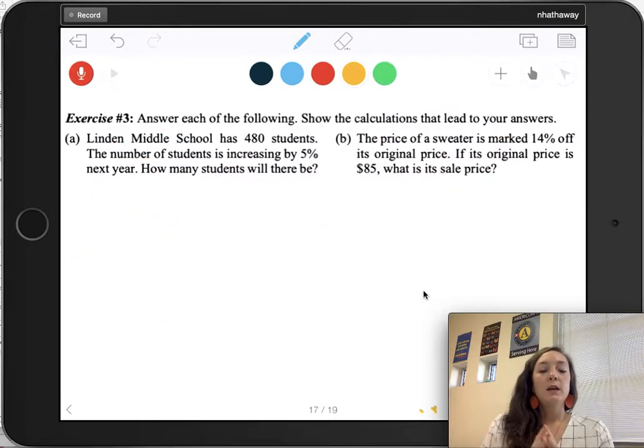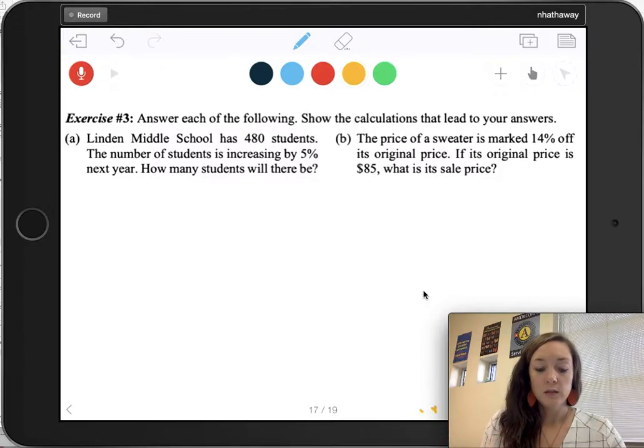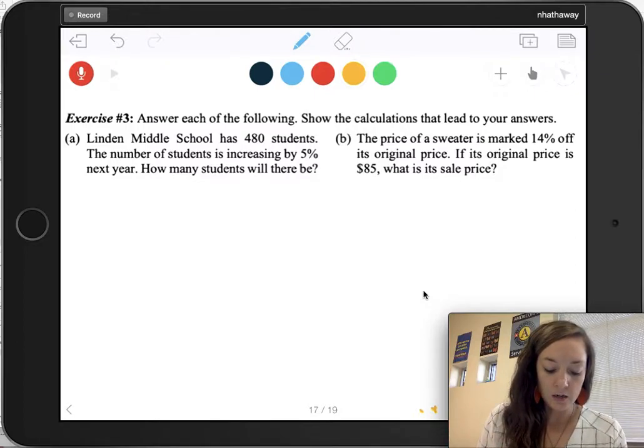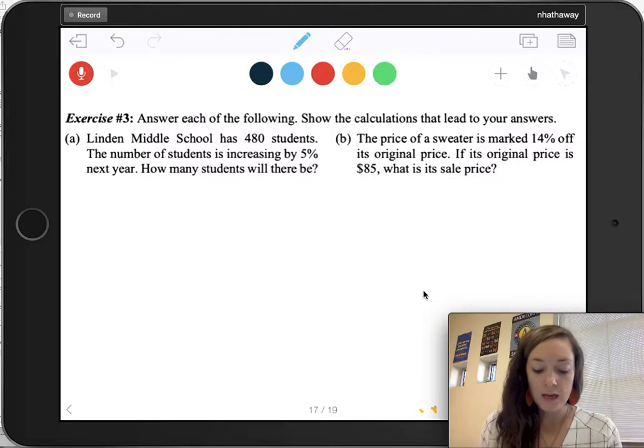So now we're going to put all that together for one problem instead of doing two separate things. Let's look at A here. Linden Middle School has 480 students. The number of students is increasing by 5% next year. How many students will there be?